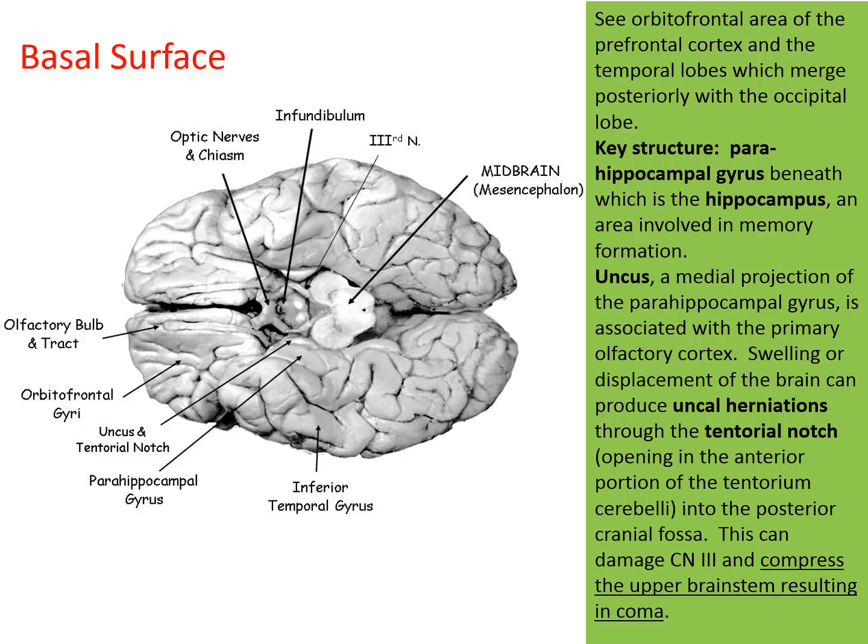And then just medially to the parahippocampal gyrus, we can see the uncus, a little bump on the medial surface of the temporal lobe that's involved in olfactory function. Just lateral to the uncus is the tentorial notch, and there we can see a region that is of some significance because of pressure that comes down from above the tentorium, that is in the temporal lobe, which lies above the tentorium.